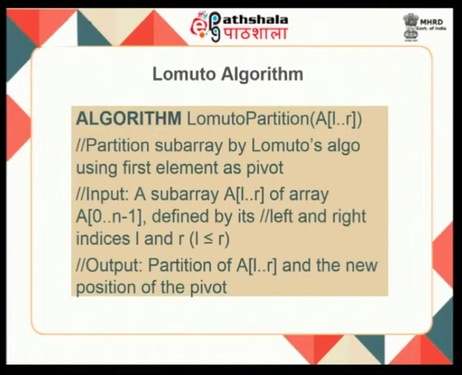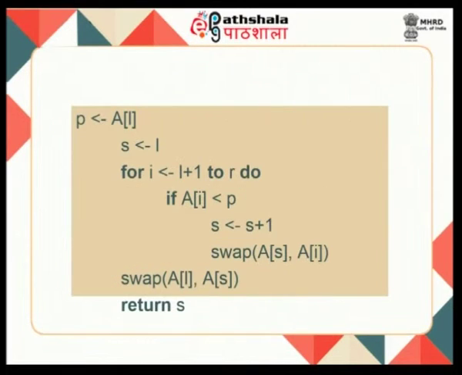So this is how the algorithm looks like for Lomuto. You can see very well the input array is A with lower bound L as well as upper bound R. The first element, that is A of L, is assumed to be the pivotal element and S points to the first element of the list.